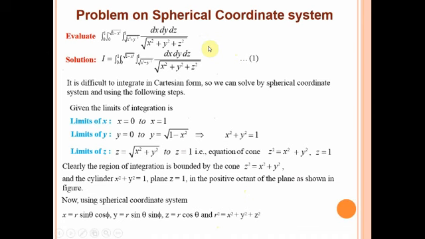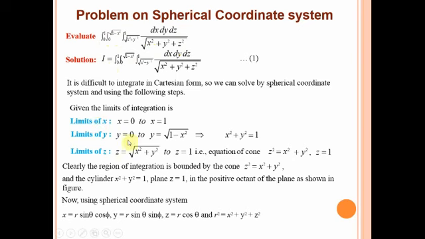If we take one example in the spherical coordinate system, we have this very small numerical: integral 0 to 1, integral 0 to square root of 1 minus x square, and integral from square root of x square plus y square to 1, dx dy dz divided by the square root of x square plus y square plus z square. So the limits for x are 0 to 1.